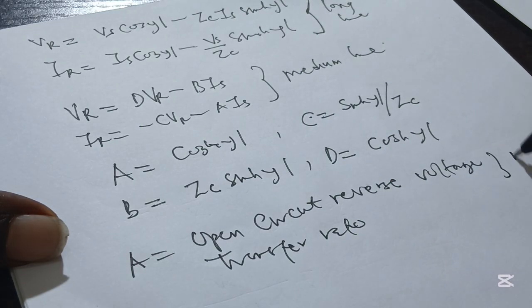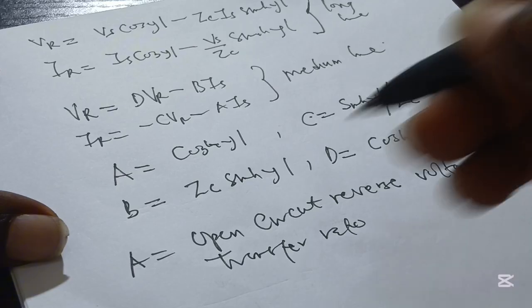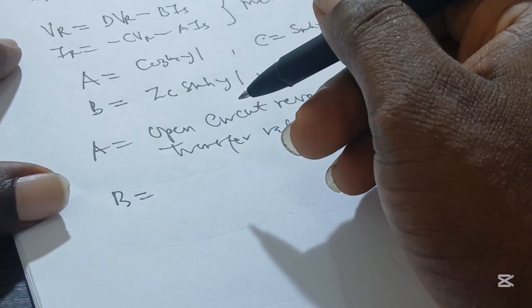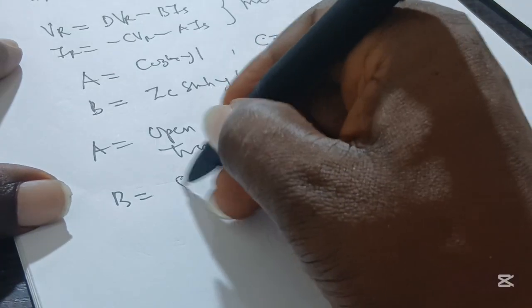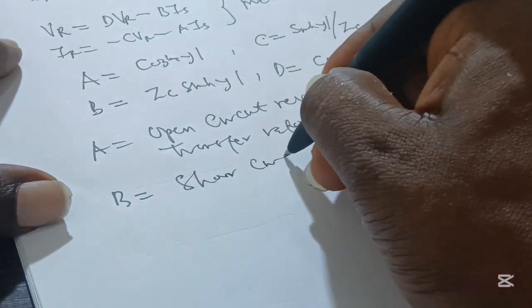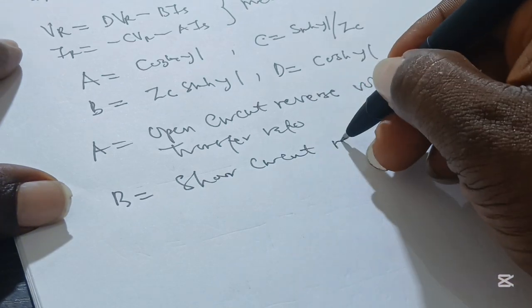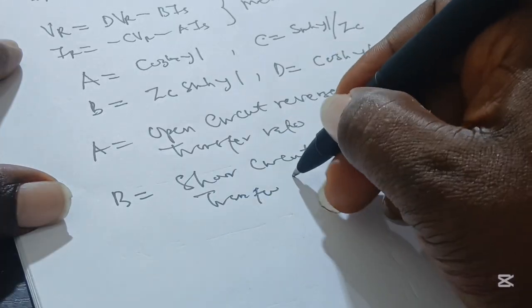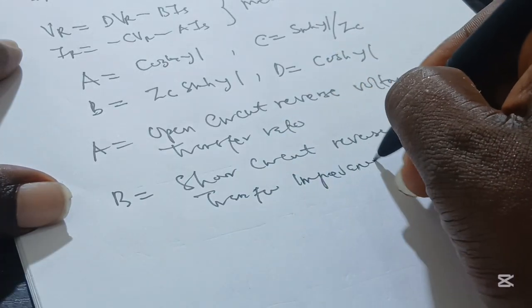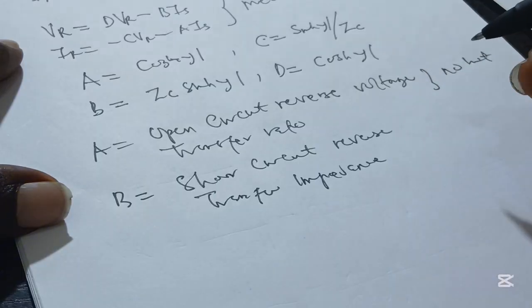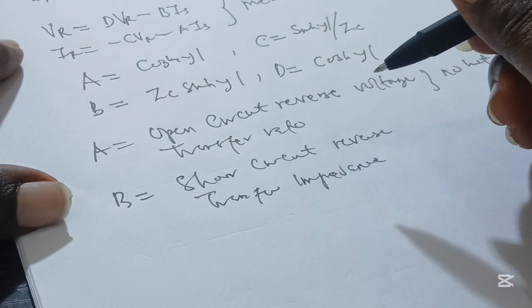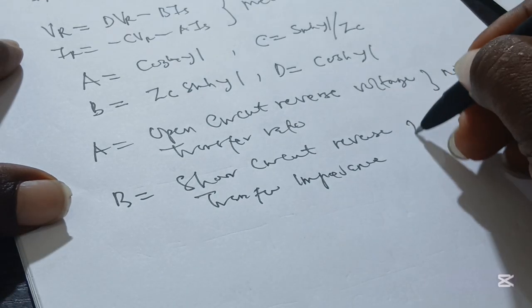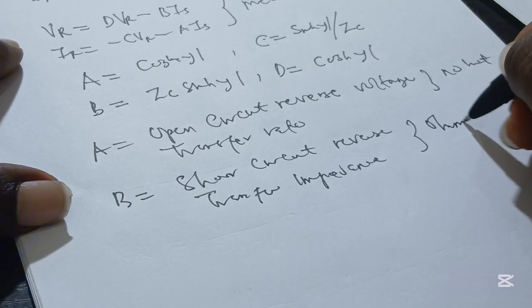This is no unit, and B is the short circuit reverse transfer impedance, and the unit is in ohms.